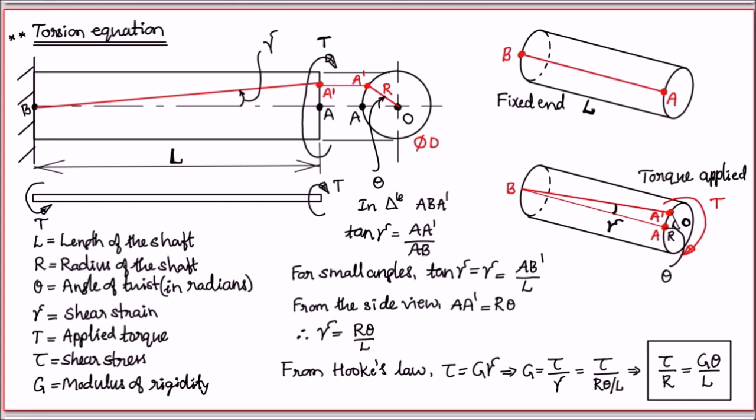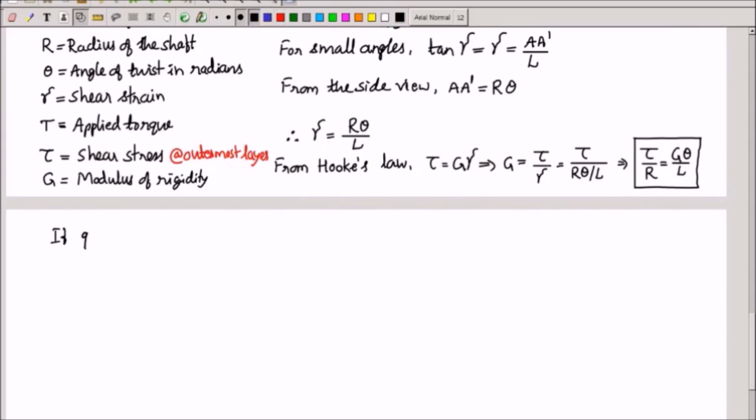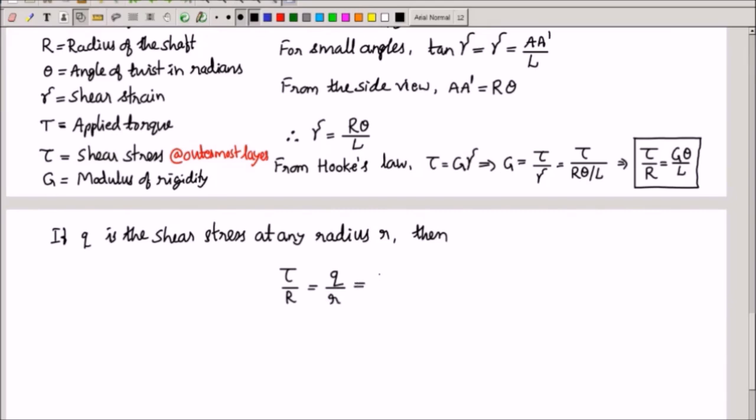What is tau here? Tau is actually the shear stress at the outermost layer. Means at radius R, this is the shear stress. It is also said that shear stress is 0 at the center when r is equal to 0, and it is maximum at the outermost fiber, and it varies linearly. We'll write that here. If small q is the shear stress at any radius r, then I can write tau by R is equal to q by r is equal to G theta by L, because shear stress varies linearly with radius.